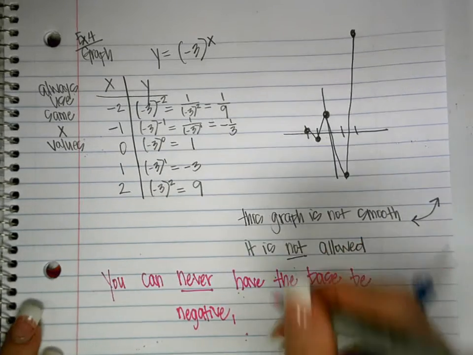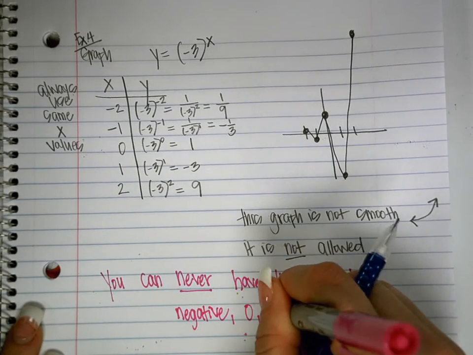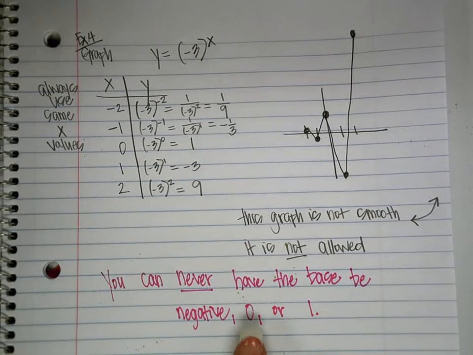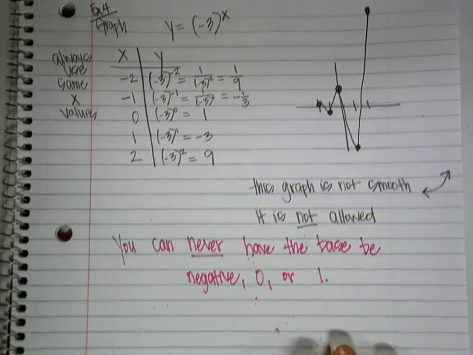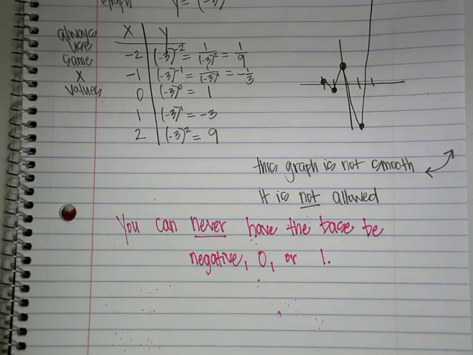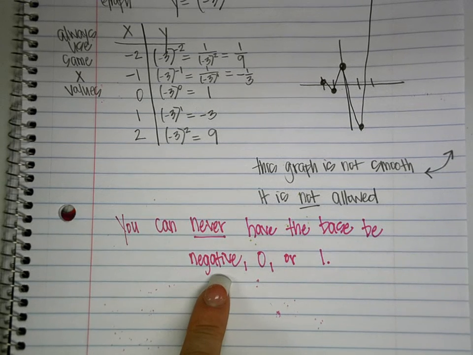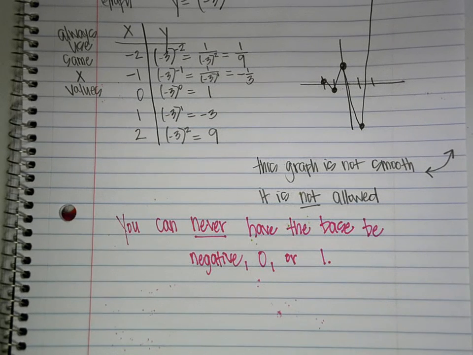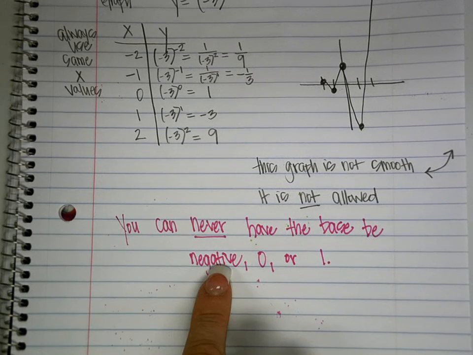It can also never be 0 or 1. You will have to do the graphs of a 0 and a 1 in your homework. But just know that there's a rule in math saying you can never have an exponential function with a negative base or a 0 or a 1. If you think about this like a real world example, let's think about something that's negative.